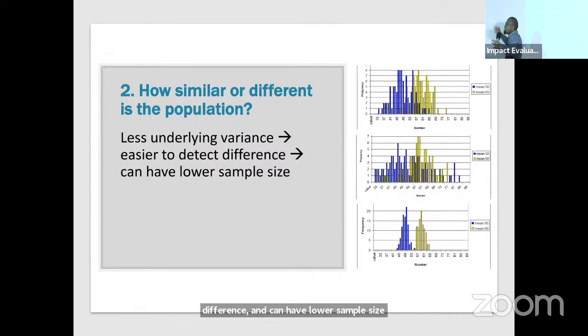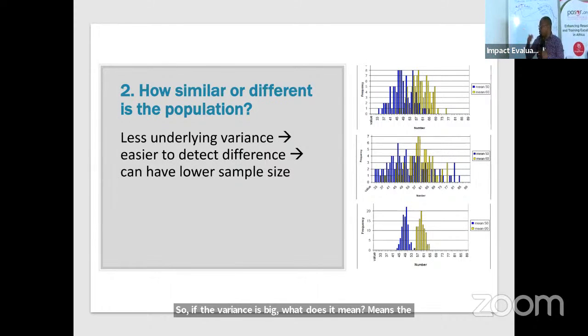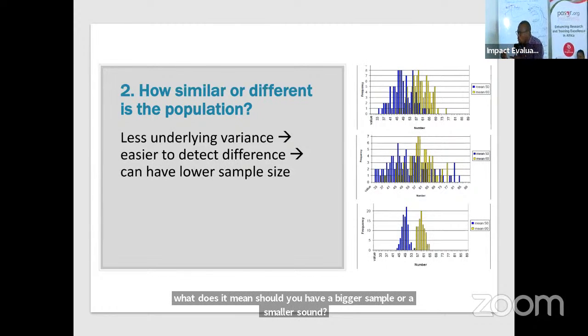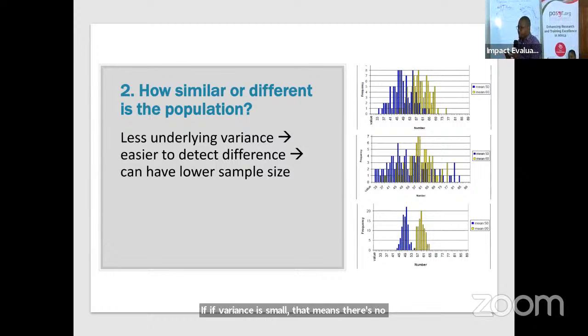So if the variance is big, what does it mean? Variance means the measure of dispersion, right? How far out are you from the mean? So if the variance is big, what does it mean in terms of sample size? And if the variance is small, what does it mean? Should you have a bigger sample or a smaller sample? If variance is small, that means there's no difference between different units under observation, right? They are not varying from each other, they're not too different.